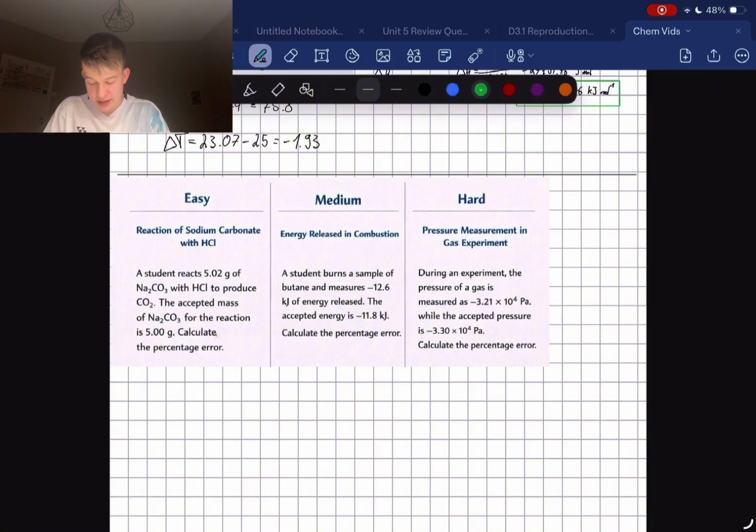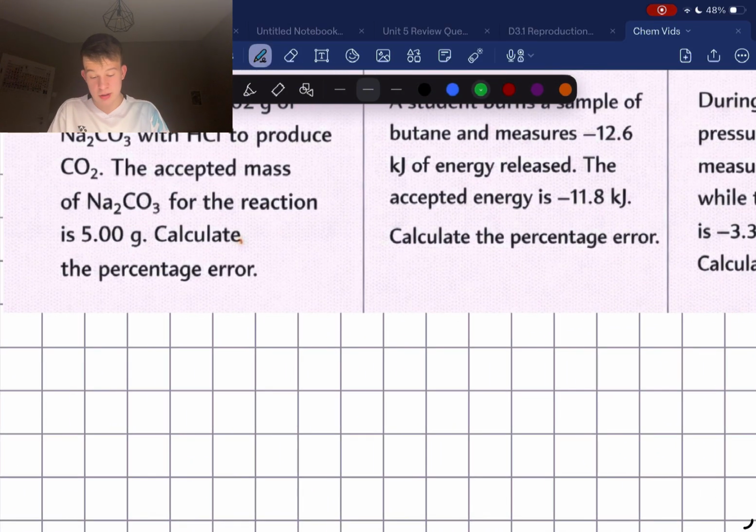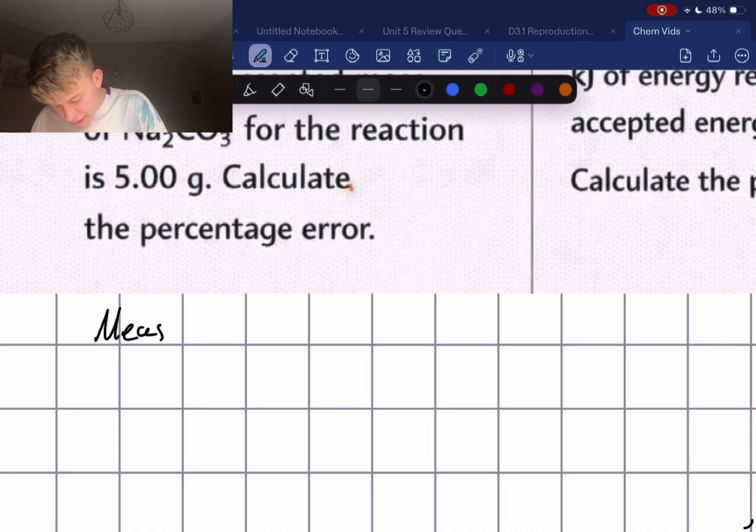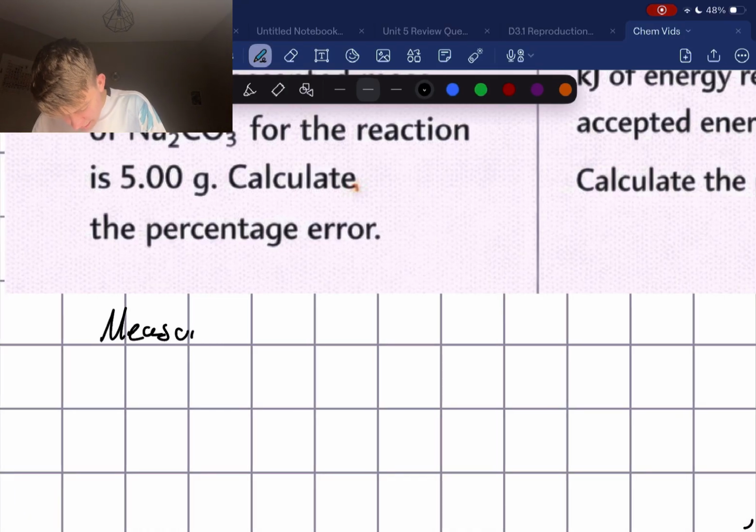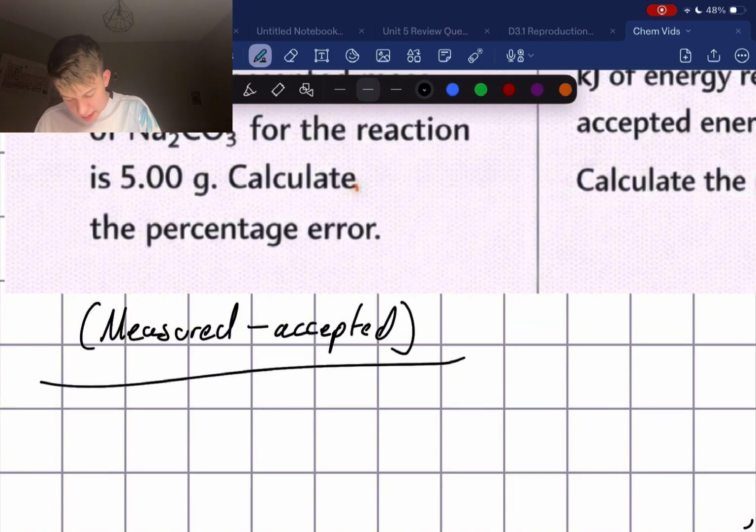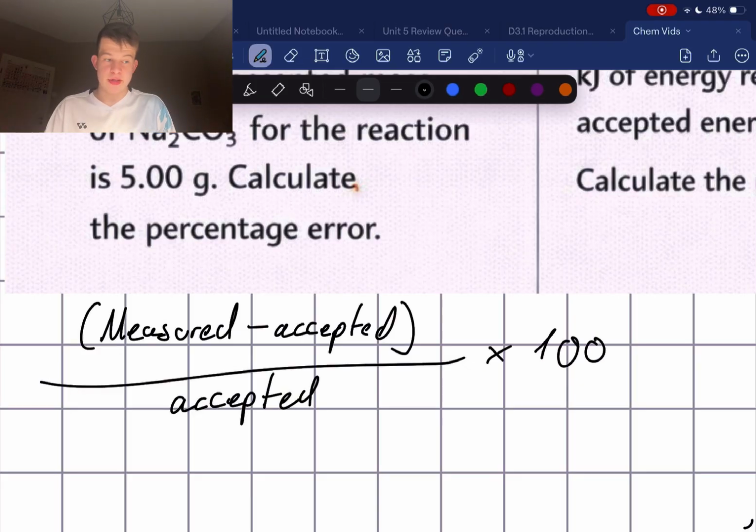As I've mentioned earlier, to calculate percentage error we take our measured value minus accepted, in brackets, divided by accepted, and we multiply that by 100. So we get a percentage.